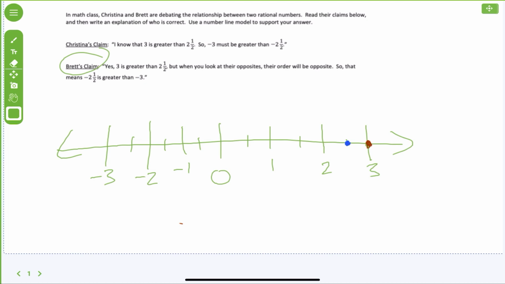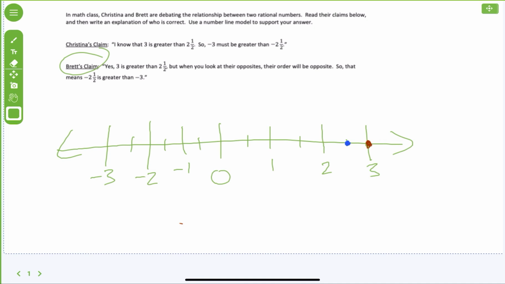Now, Brett says that since you're looking at the opposite of those numbers, then their order will also be the opposite. Okay? Remember, when we start at 0 and we look at positive integers, we go from left to right.